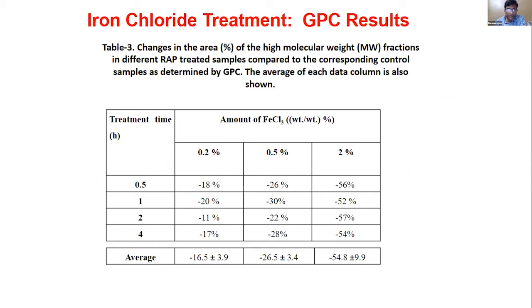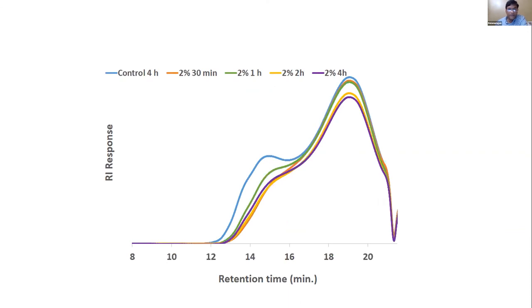For example, we can visually see this is the control. Control is nothing but a wrap binder just heated at 165 degrees for 4 hours. When you treat with iron chloride, the high molecular weight component progressively decreases.